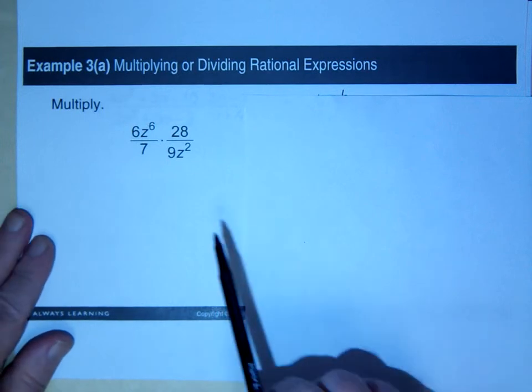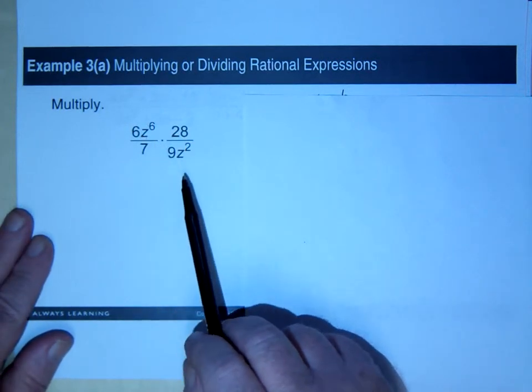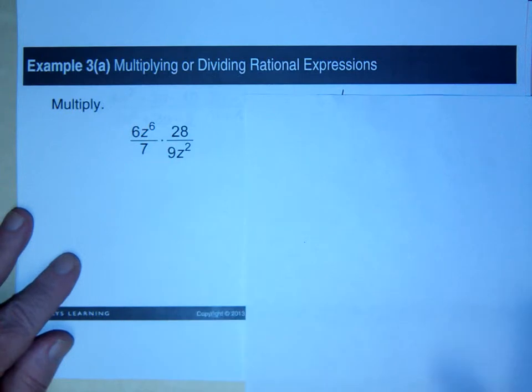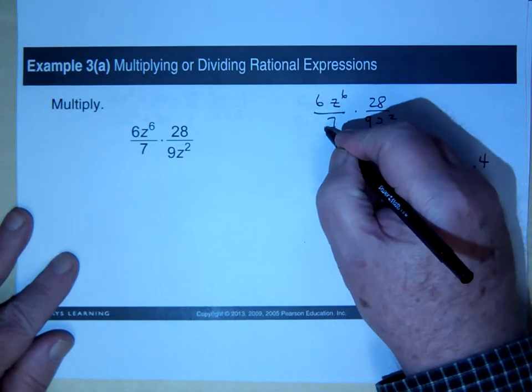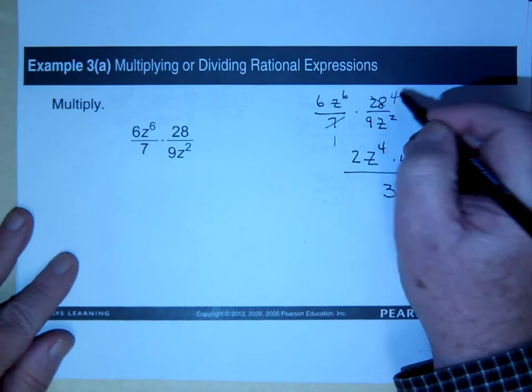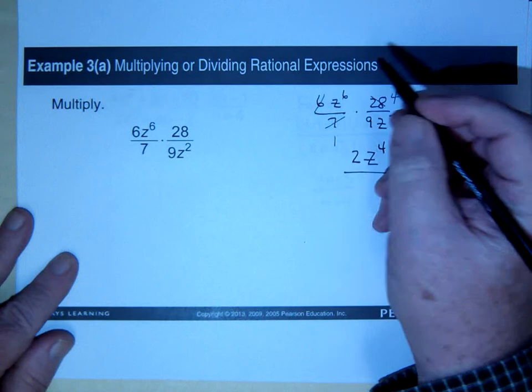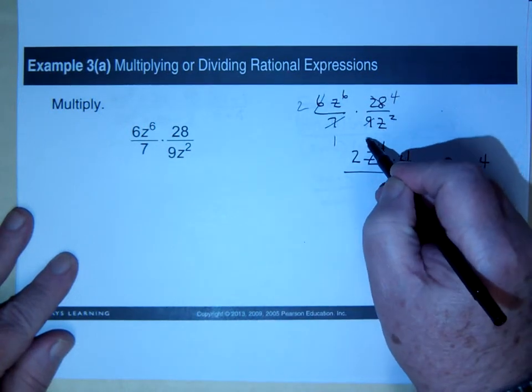When we multiply rational expressions, we'll multiply across the top and across the bottom, but we'll be alert for common factors. And we will cancel common factors one with another. So here, I will cancel: 7 goes into 7 once, 7 goes into 28 4 times, and 3 goes into 6 twice, 3 goes into 9 3 times.